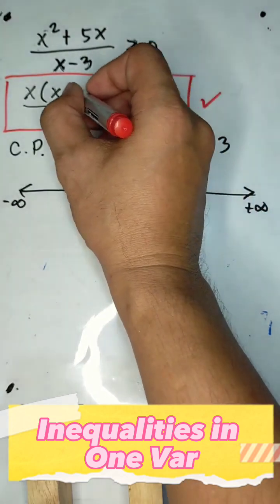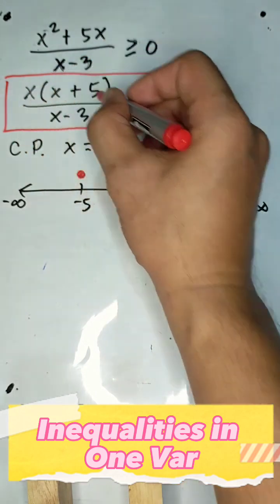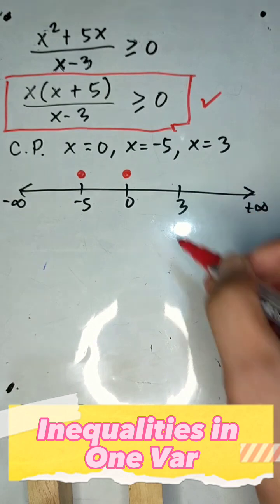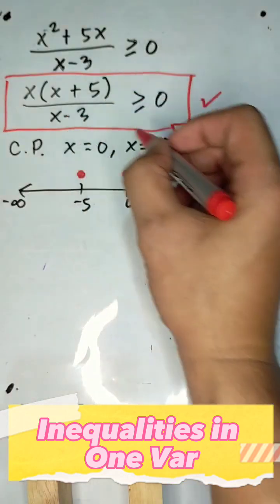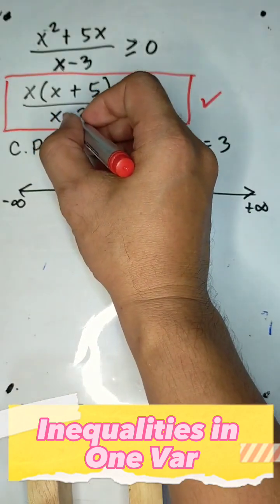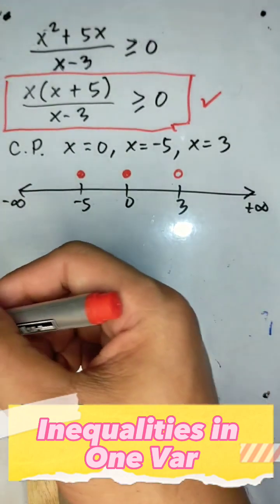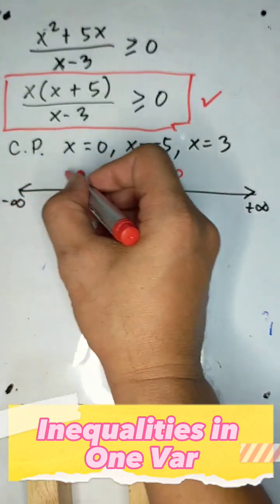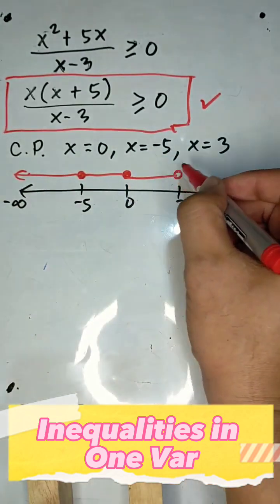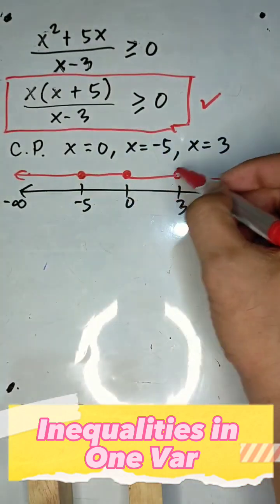The zeros of the numerator are included. x equals 0 is also included because it's at the numerator, but x equals 3 is not included because it's at the denominator. If x is 3, our denominator becomes 0 and the whole thing is undefined. So we have the intervals: negative infinity to negative 5, between negative 5 and 0, then 0 to 3, and then 3 to positive infinity. These are the 4 intervals.